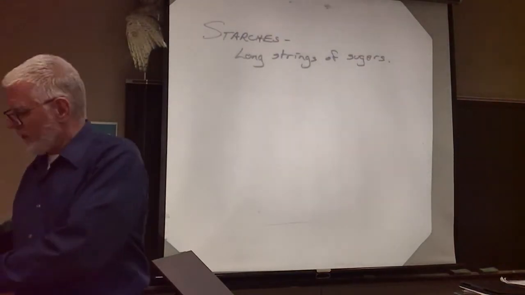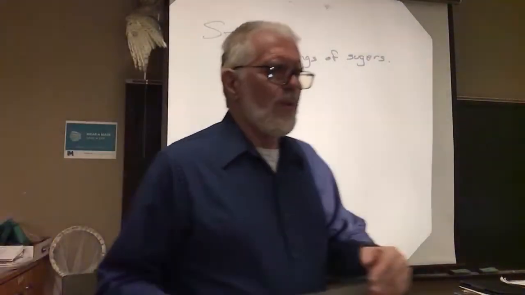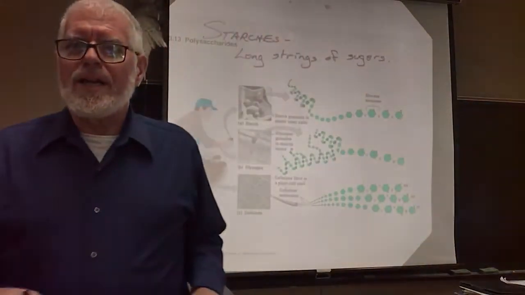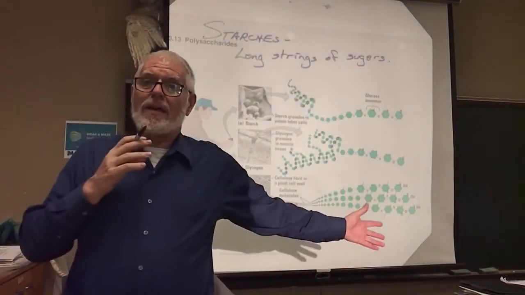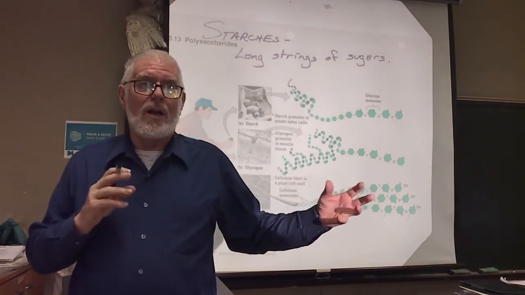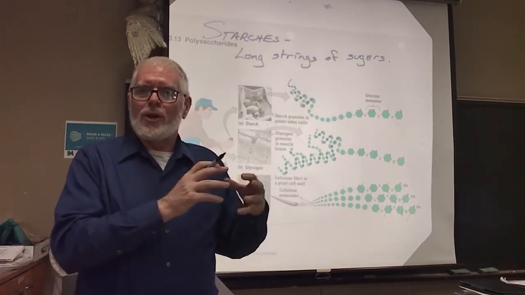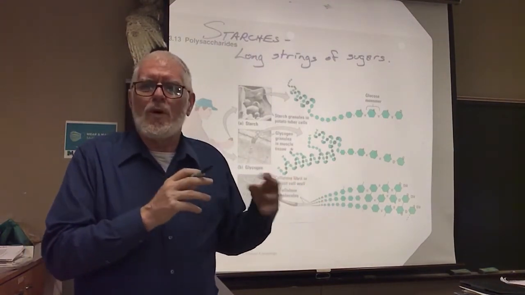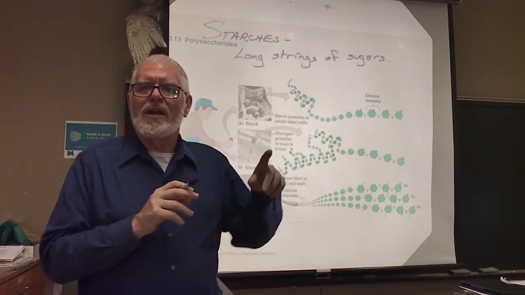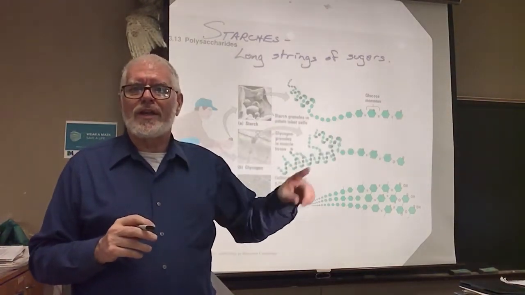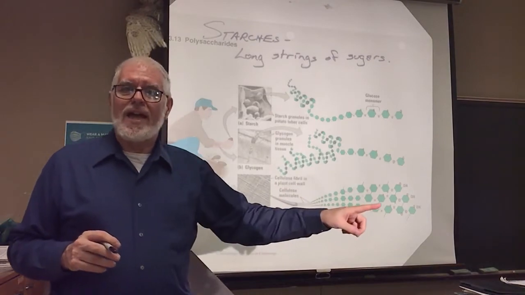Starches are long strings of sugars. The weird thing about carbohydrates is they tend to come in the little to the very big, but not all in between. Sugars are 2, 3, maybe 4 of those rings stuck together. Starches are long strings, stuck together in various ways.